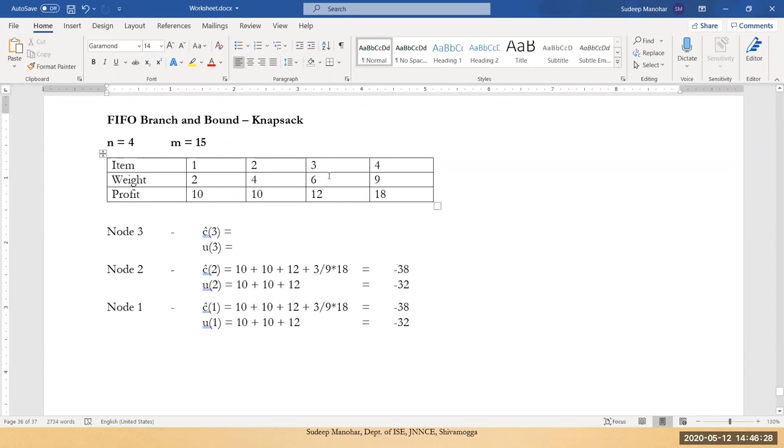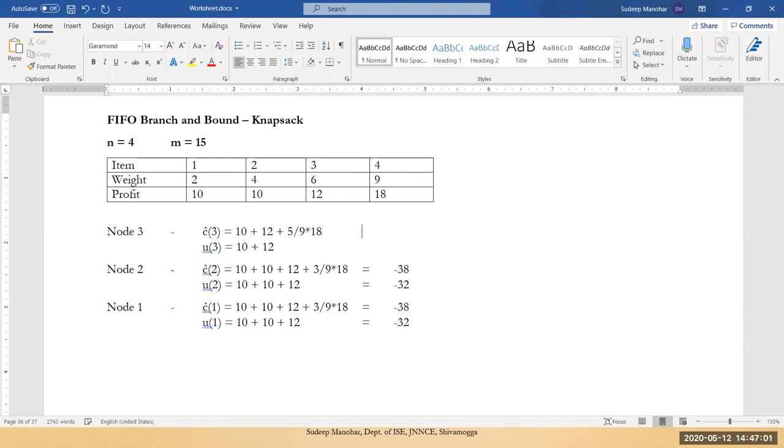That means 4 plus 6, that is 10. The remaining is 5, that is 5 by 9. So this is without fraction, 10 plus 12. With fraction, it is 10 plus 12 plus the remaining weight 5, 5 by 9 into 18.